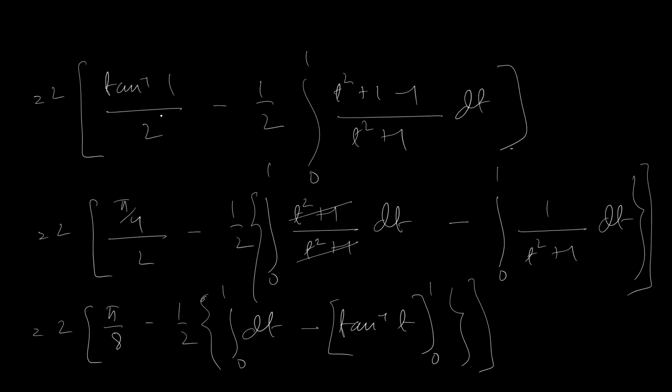So this one again is equals to 2 bracket start, pi by 8 minus 1 by 2.